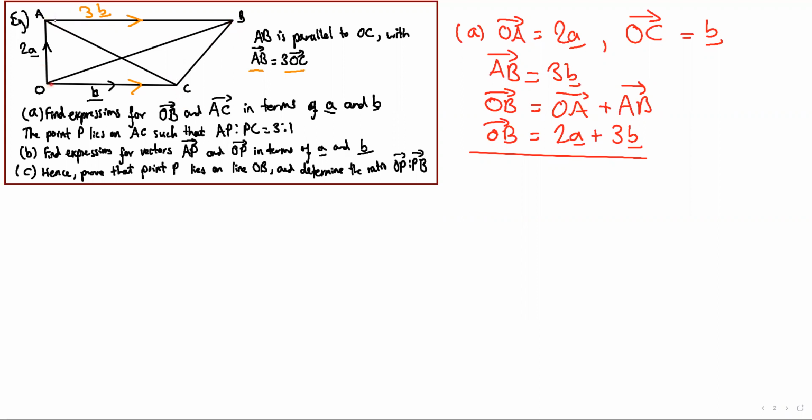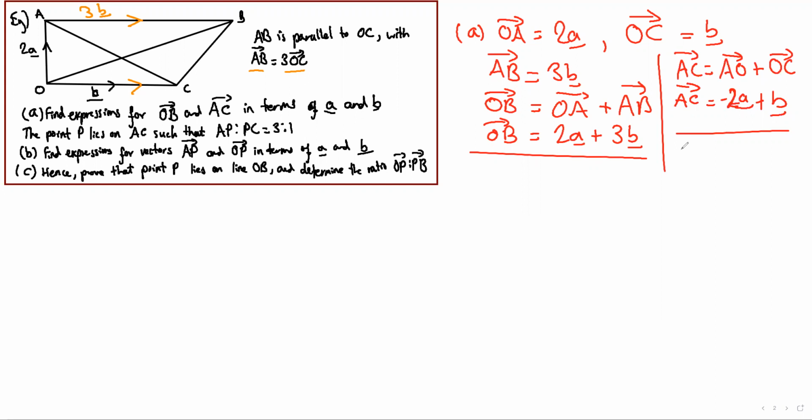But what we can do is go from A to O and then O to C to get from A to C. So we say that AC is equal to AO plus OC. AO is minus 2A because we're going in the opposite direction, plus B, which is OC. So that's our answer. We get minus 2A plus B.